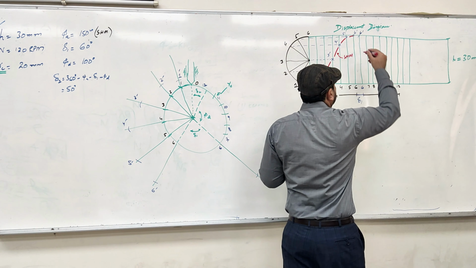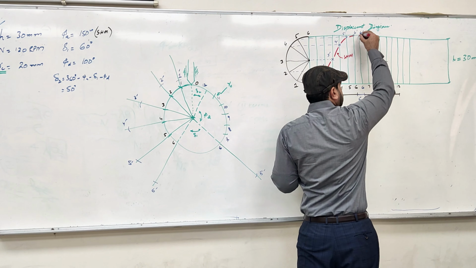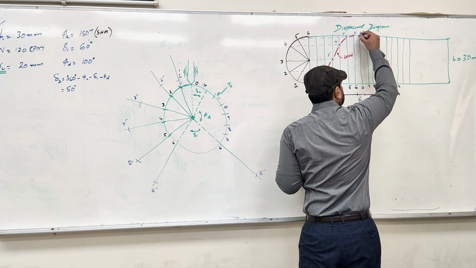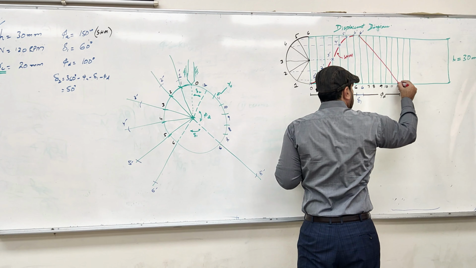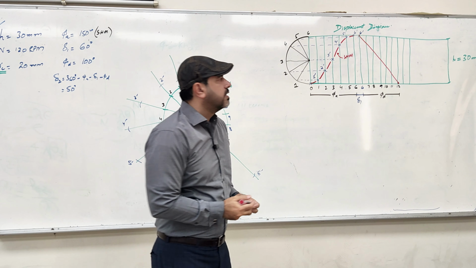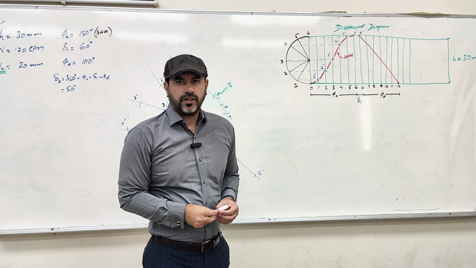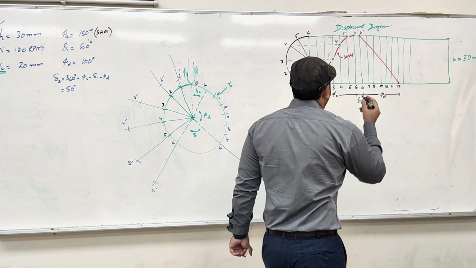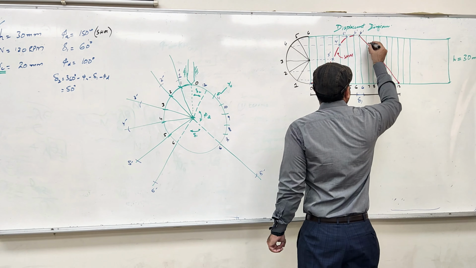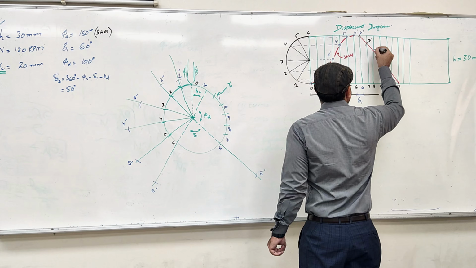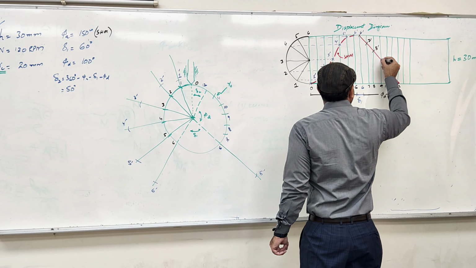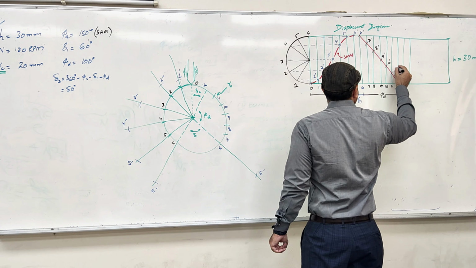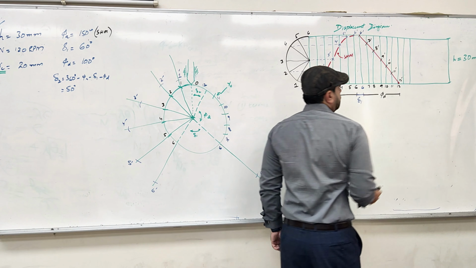So what we need to do, we need to join the first point, that's why this delta is very important, the first point and the last point. Okay, and each point will give you this. So this one is your 7 prime, 8 prime, 9 prime, 10 prime, 11 prime, and then 12 and 12 prime are the same point.